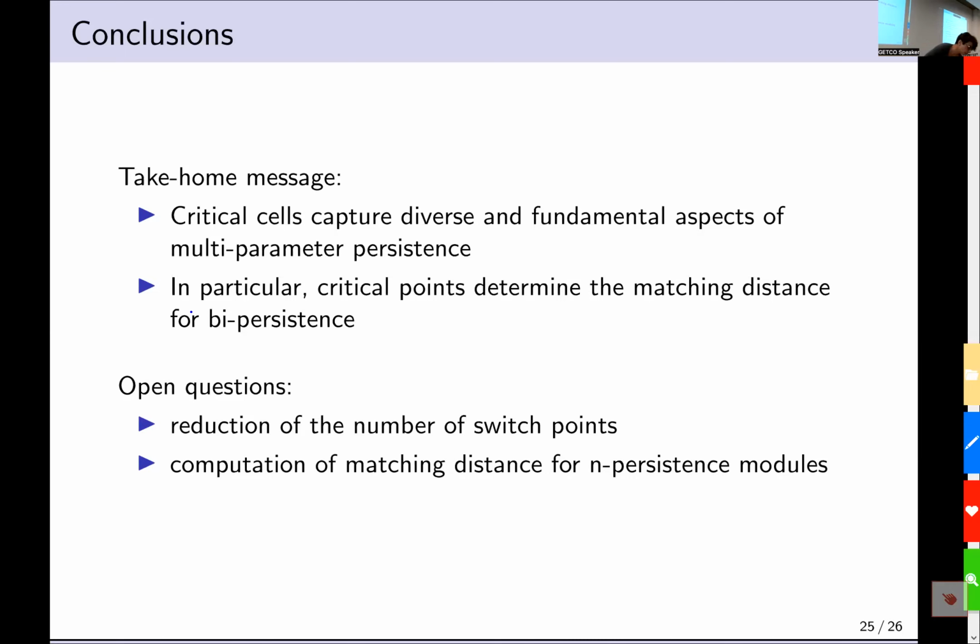But in this case, sorry, I forgot to mention, we have the result only for n equal 2, whereas all the rest was general for any number n of parameters. So now what we would like to do, of course, is move from bipersistence to n-persistence modules. And also we would like to reduce the number of switch points so that the computational complexity may decrease.